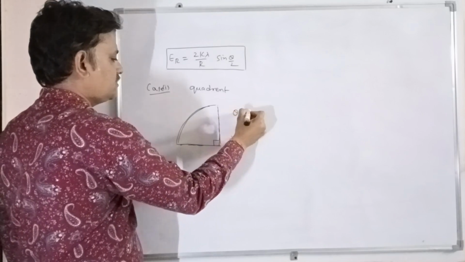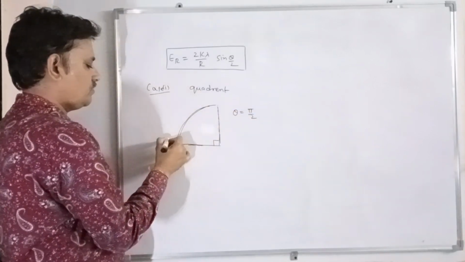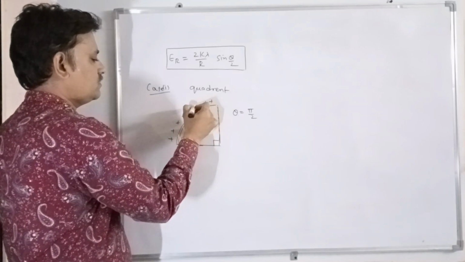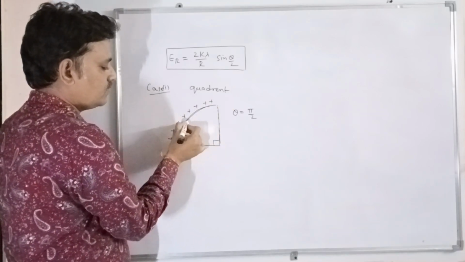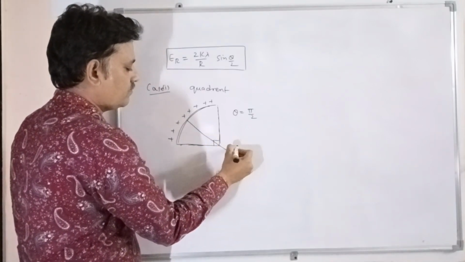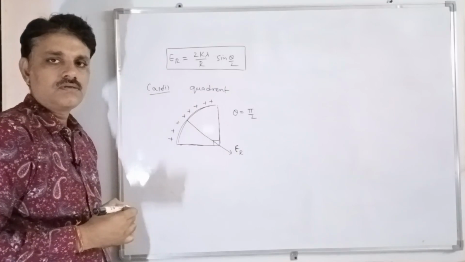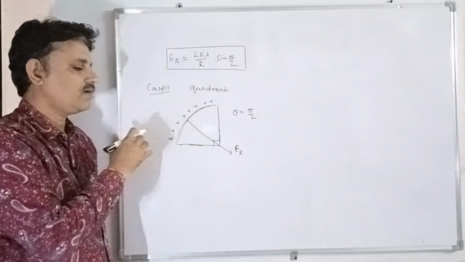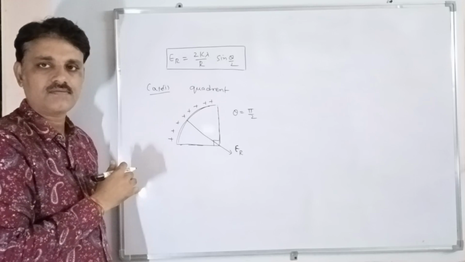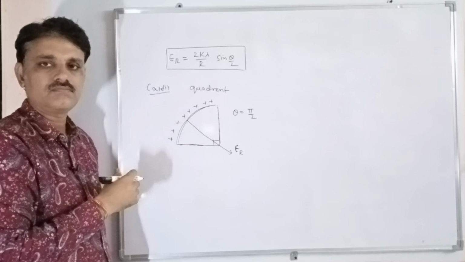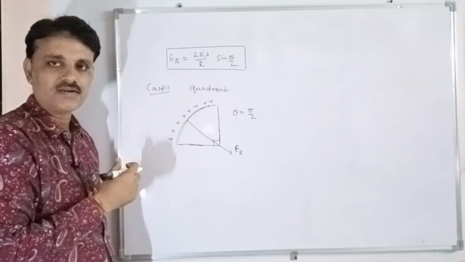The angle theta is pi by 2. This is a positively charged arc, and this is the direction of the electric field. Suppose you want to calculate the electric field due to this positively charged arc, which makes an angle pi by 2 at the center.